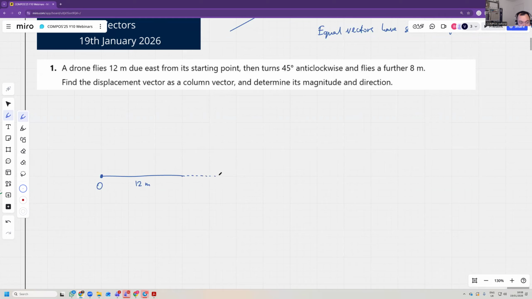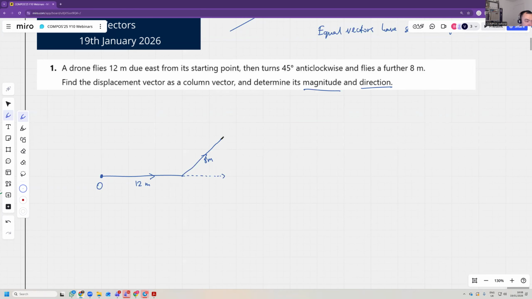So this is the initial direction, and it flies 8 meters in this direction. Find the displacement vector as a column vector and determine its magnitude and direction.